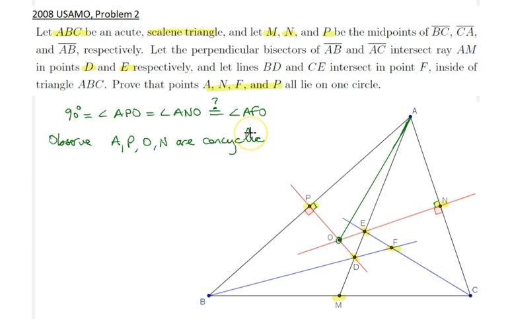So all I need to show, as I said again, is that F is in such a position that AFO is actually 90 degrees.